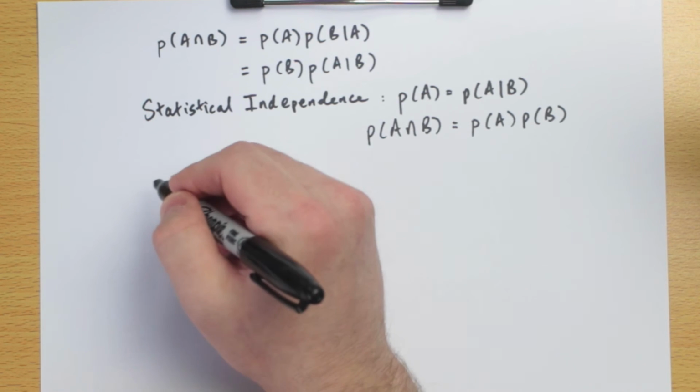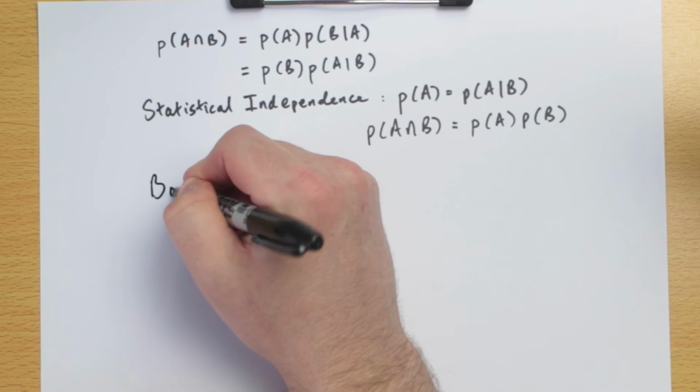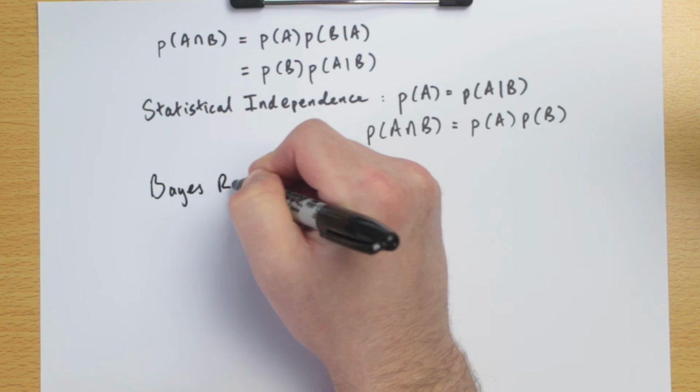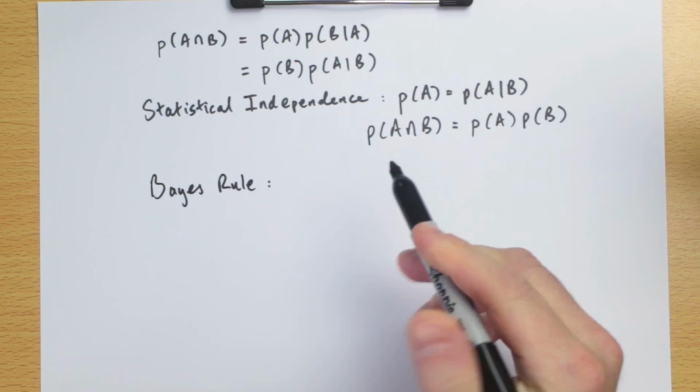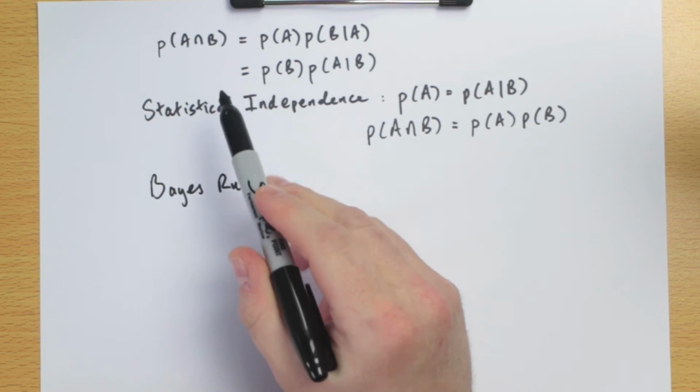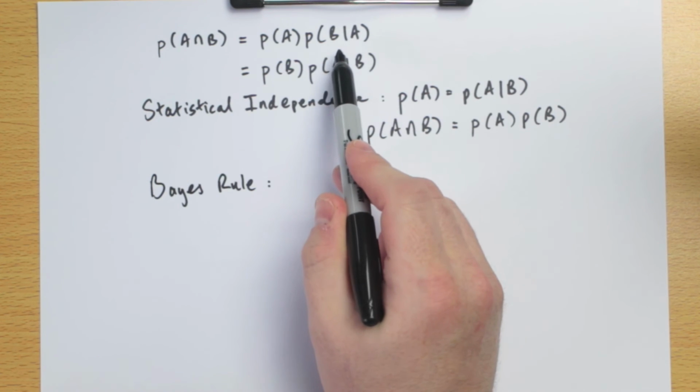Okay, so what is Bayes' rule? Let's just jump straight to this. Really, we're just going to rewrite the conditional probability.